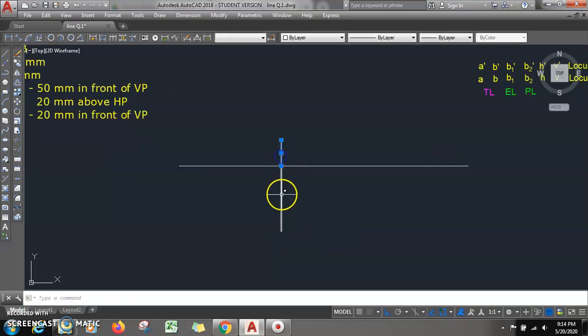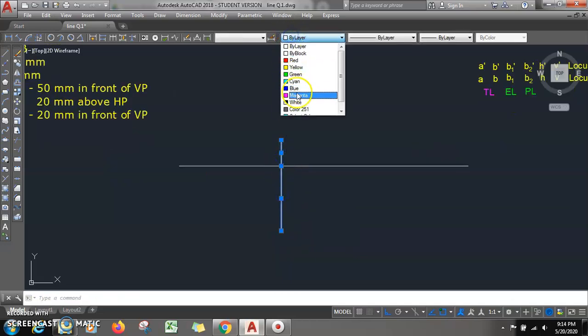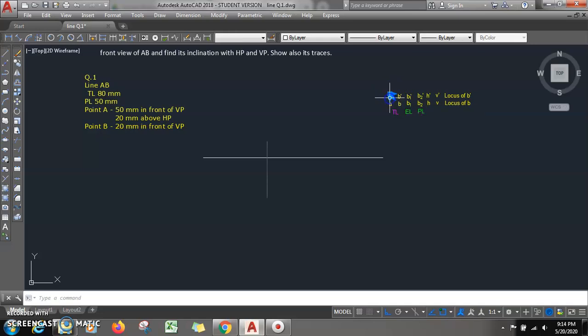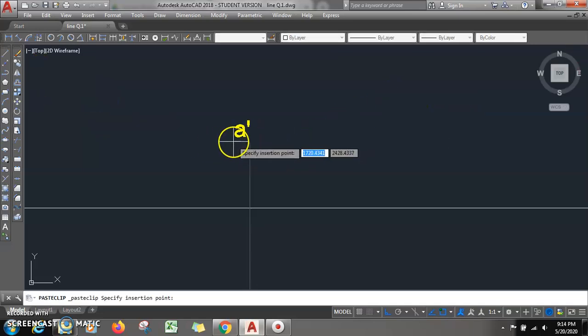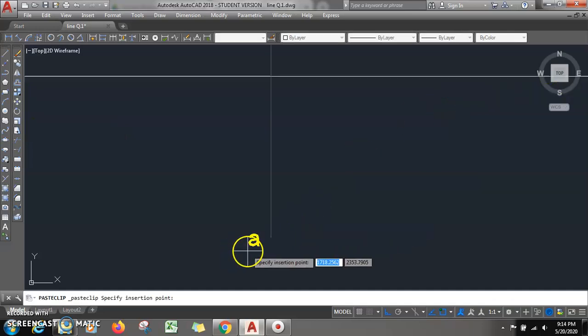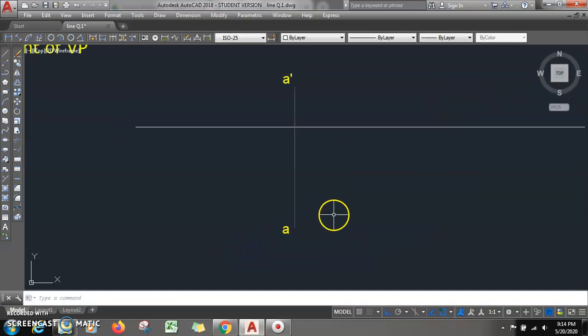This thing is there, shown by projectors. This point is A dash, and this point is small a.